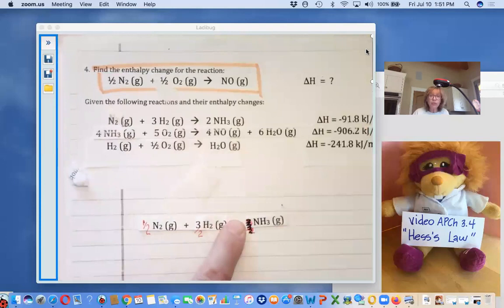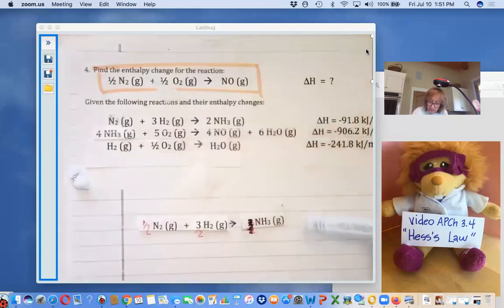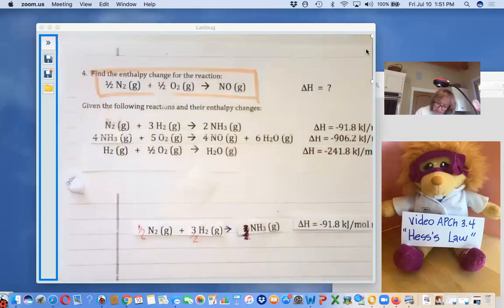And since I multiplied everybody through by 1/2, I have to do the same thing to the delta H. And 1/2 of this is negative 45.9 kilojoules per mole reaction.